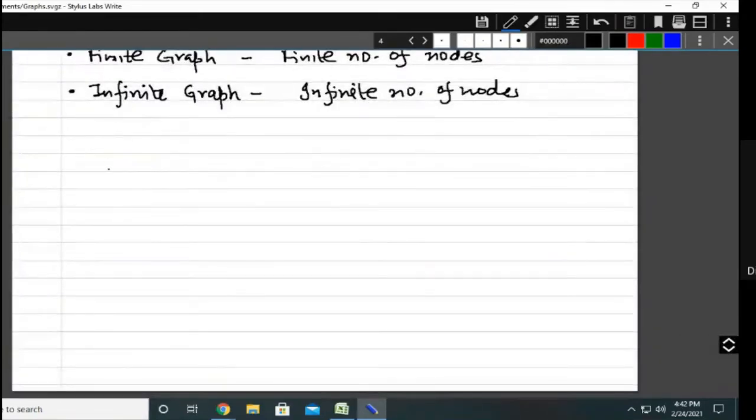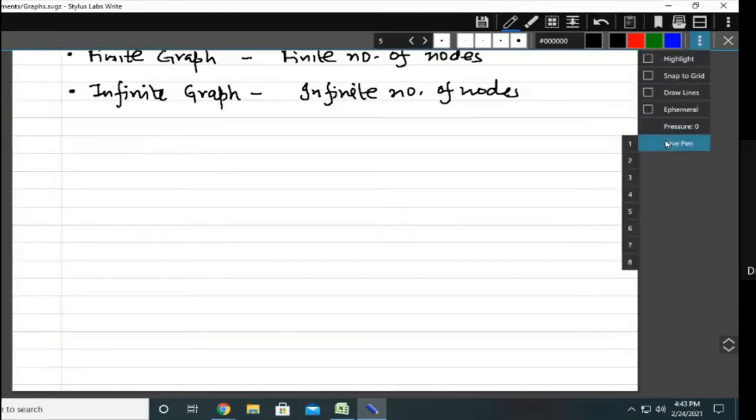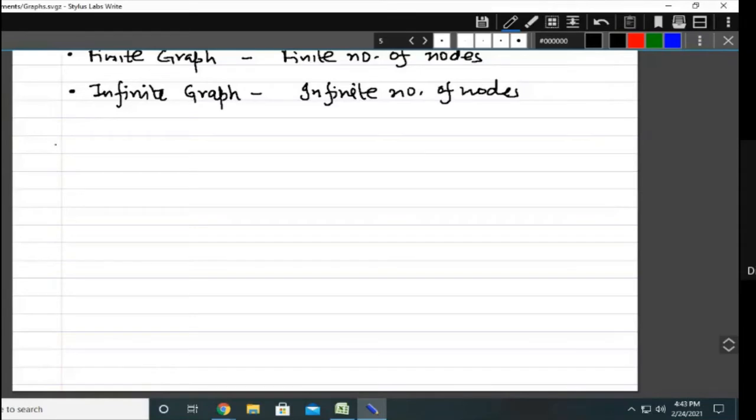Good. Then comes another definition, called a simple graph.